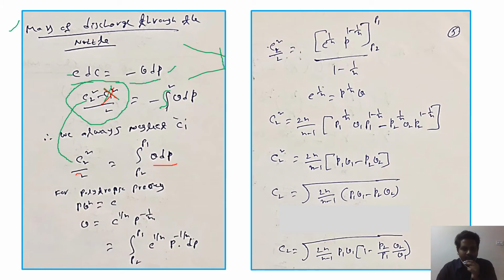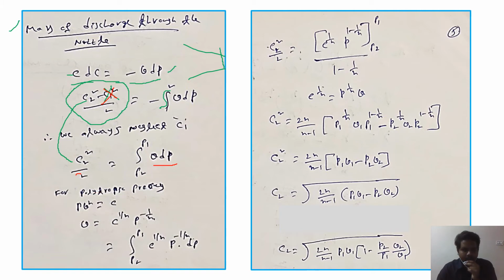As we know, in a polytropic process, PV power n equals constant. This we can write as V equals C power 1 by n, P power minus 1 by n.